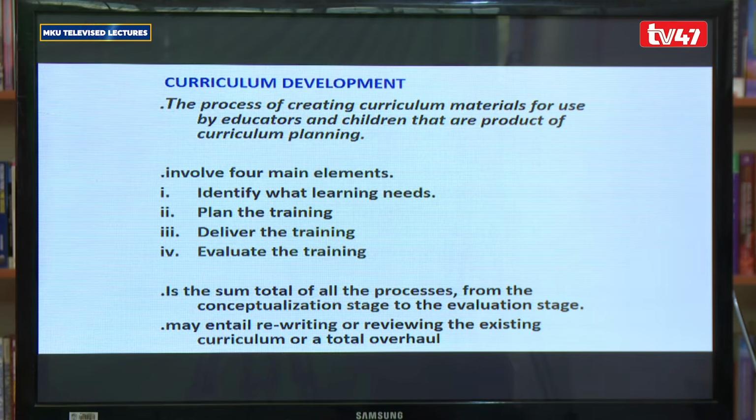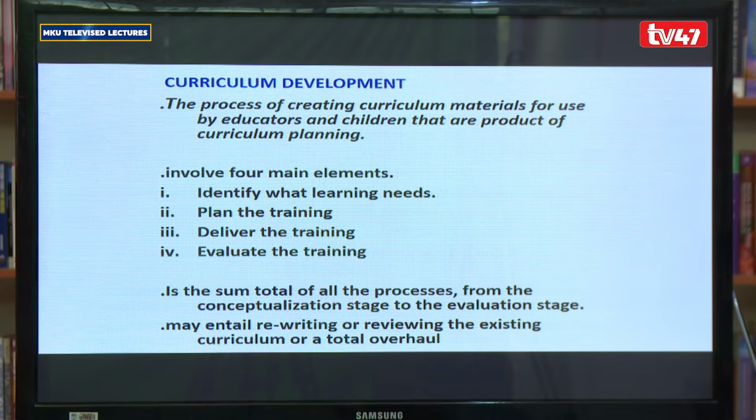And what is the concept curriculum development? When we talk of curriculum development, we refer to the process of creating curriculum materials for use by educators and children that are a product of the curriculum planning.